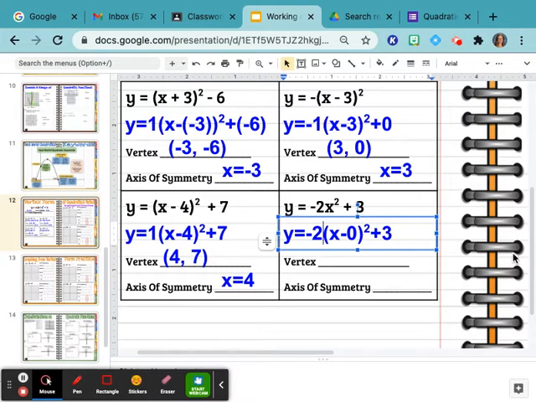Negative 2. This would simplify because you would just do x squared, negative 2x squared. So then the vertex, 0, 3. And the axis of symmetry, x equals 0.